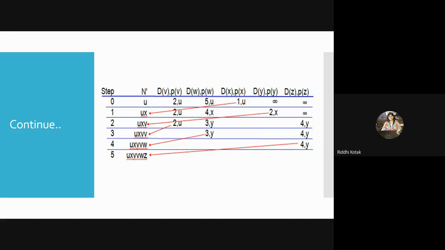And for W, only one node remains, that is Z, and the value we have is 4 comma Y. So add that Z node in our N desk.